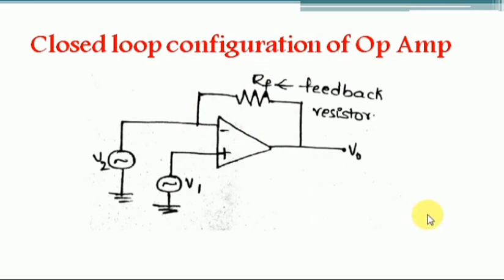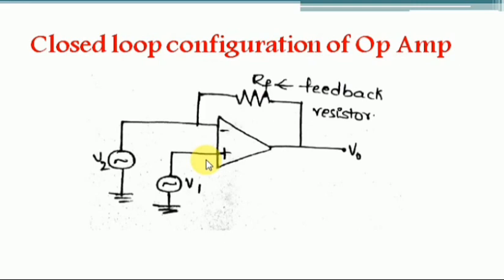For example, if you want an oscillator circuit, then we simply connect a feedback circuit from the output to the non-inverting input of the op-amp. In this way we use the operational amplifier in closed loop mode depending on the application.